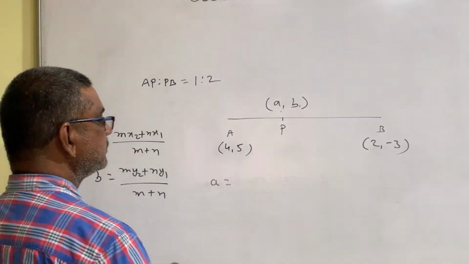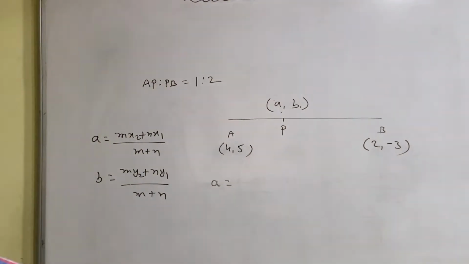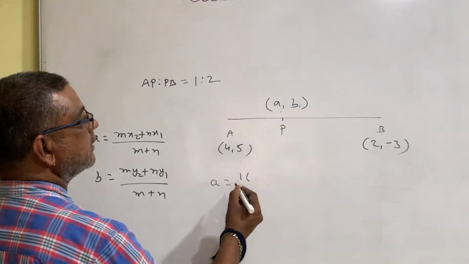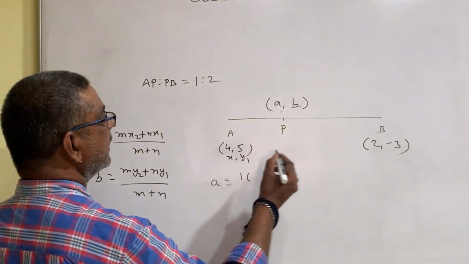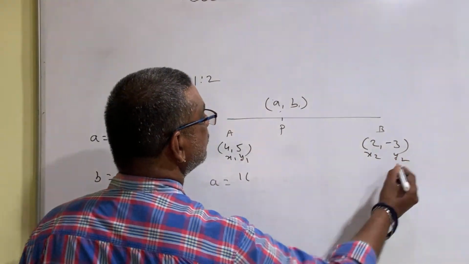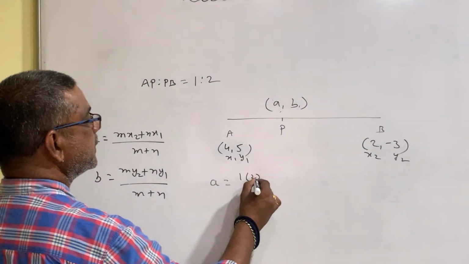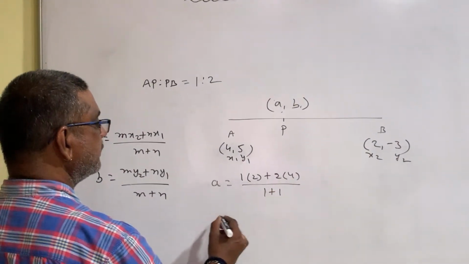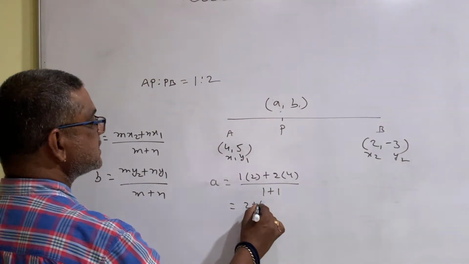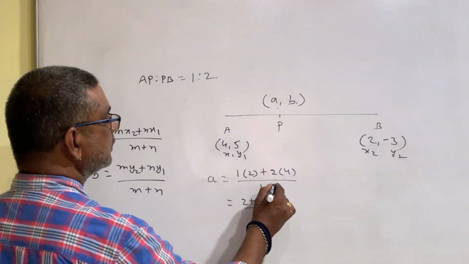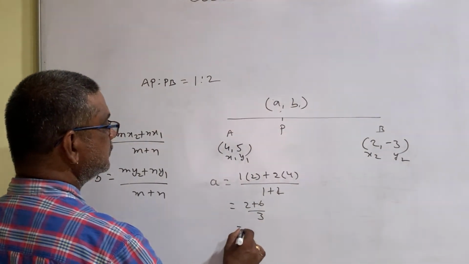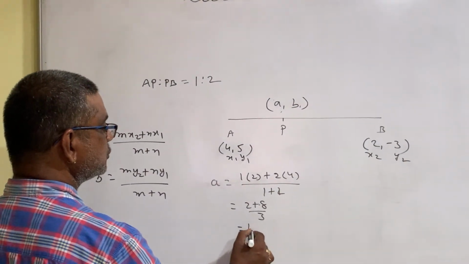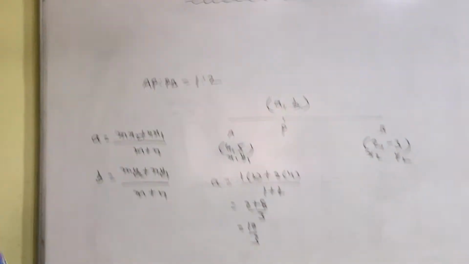A coordinates. mx2, this is x1, y1, x2, y2, mx2 plus nx1 by m plus n, 2 plus 6 by 3. 2 4s are 8, so 10 by 3, coordinates of A 10 by 3.